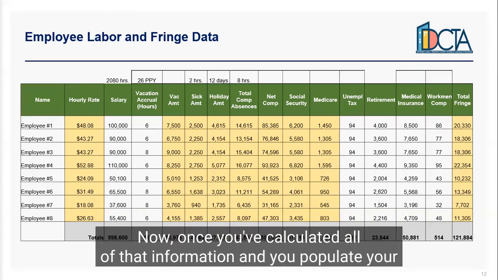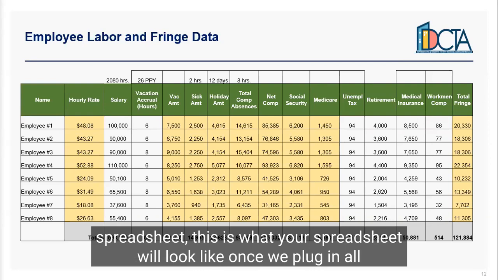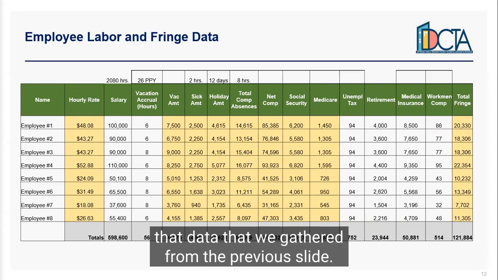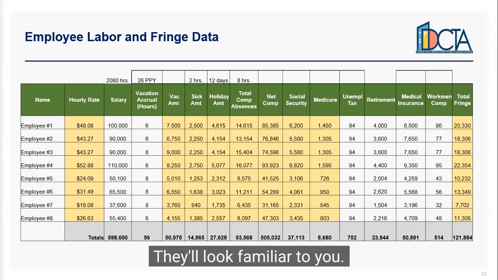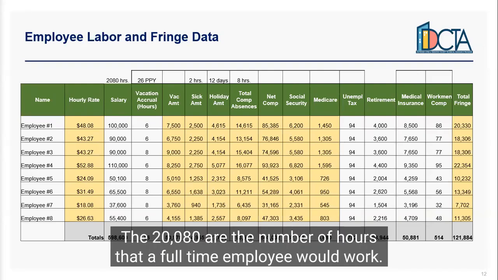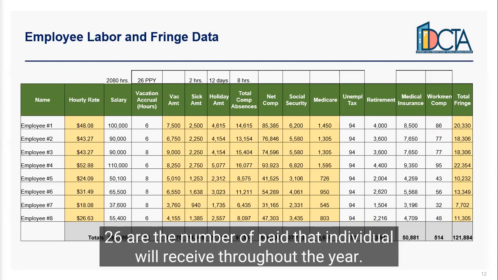Now, once you've calculated all of that information and you populate your spreadsheet, this is what your spreadsheet will look like once we plug in all that data that we gathered from the previous slide. I just want to call your attention to the numbers across the top. They'll look familiar to you. The 2,080 are the number of hours that a full-time employee would work. 26 are the number of pays that that individual will receive throughout the year.